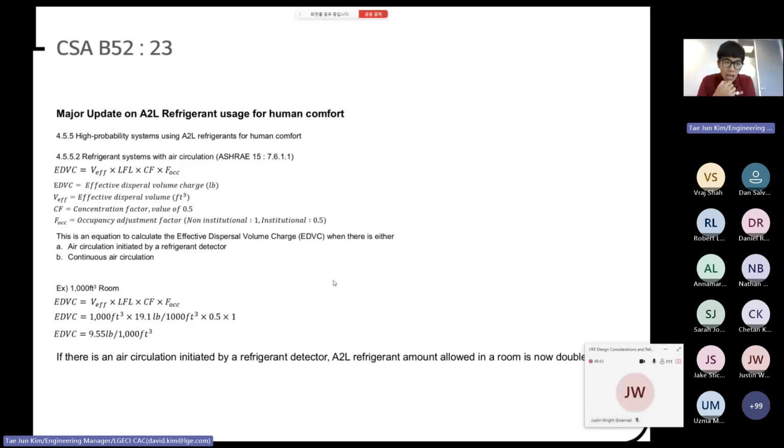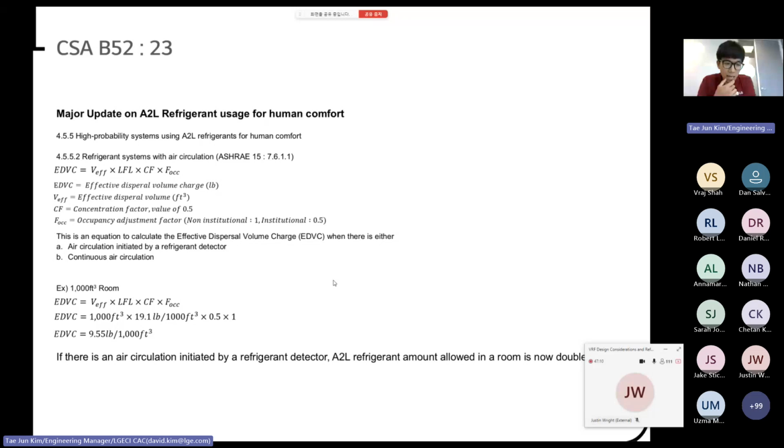This formula can be used if there is air circulation initiated by the refrigerant detector or continuous air circulation. Basically, if the refrigerant detector detects a leak, the fan must operate to circulate the air. This is not to displace the refrigerant or ventilate the air. This is just to circulate the air within the zone.